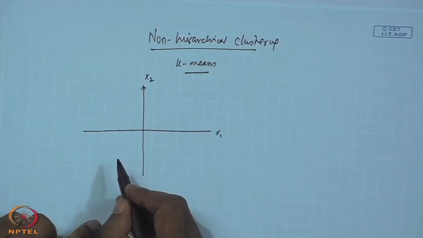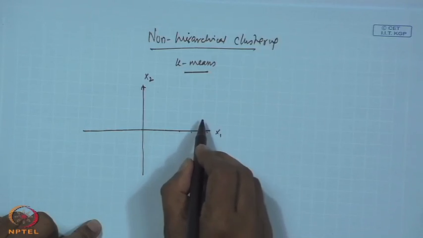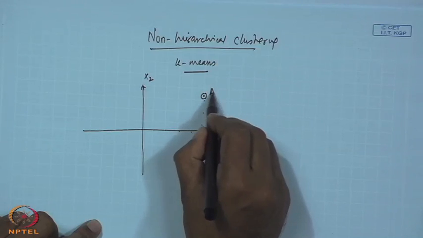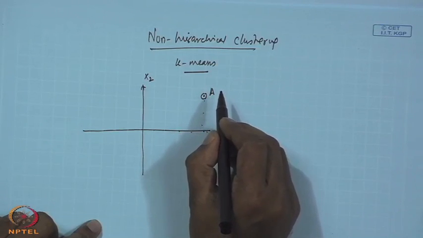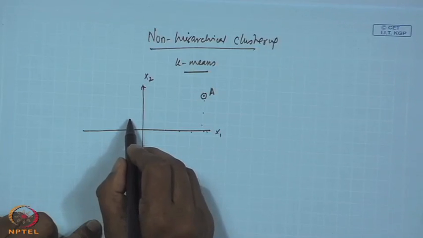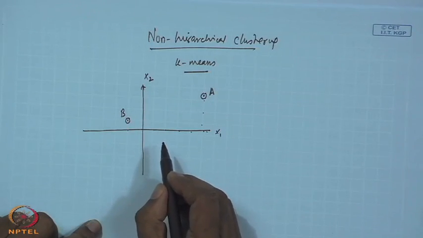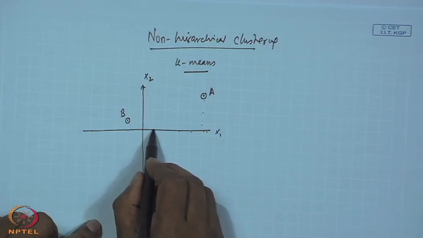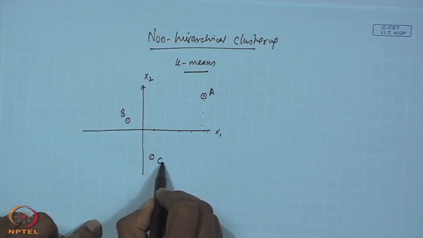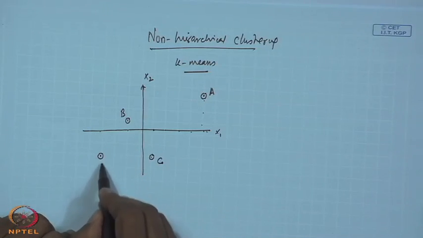My A is 5 and 3, so 1, 2, 3, 4, 5, then 1, 2, 3. This is my A. Where is my B? B is minus 1, 1, so minus 1, then 1. This is B. Then C is 1, minus 2, so 1 and minus 2. This is my C. Then D is minus 3, minus 2. It is D.